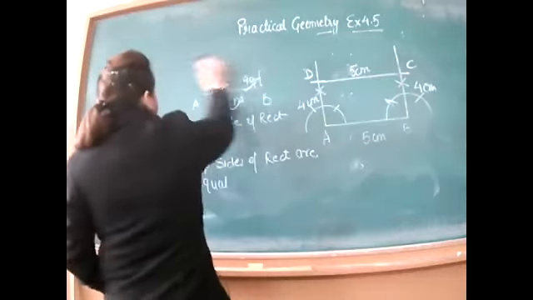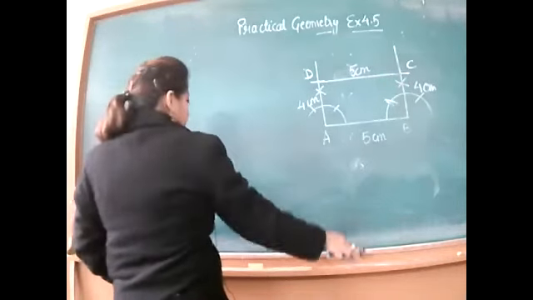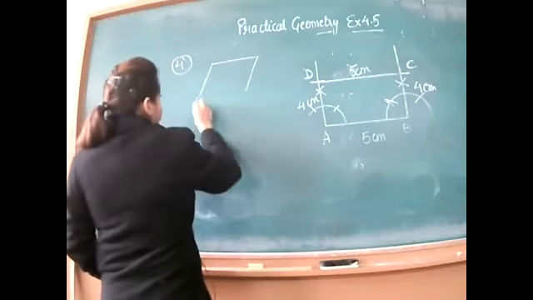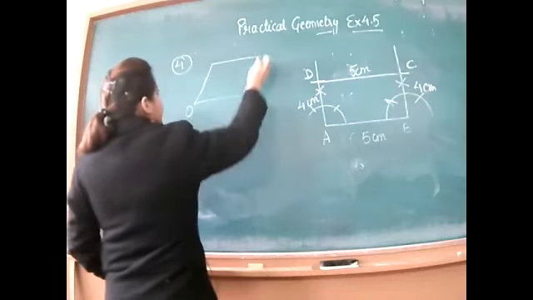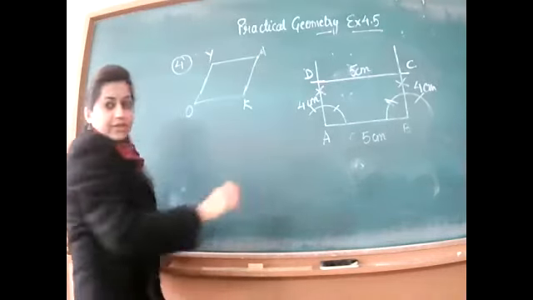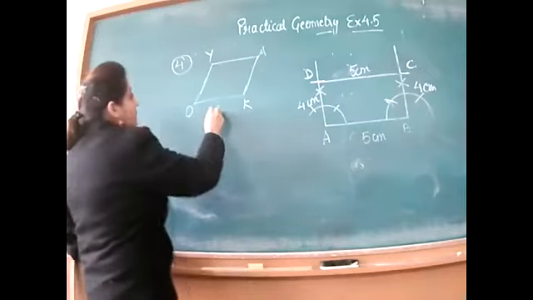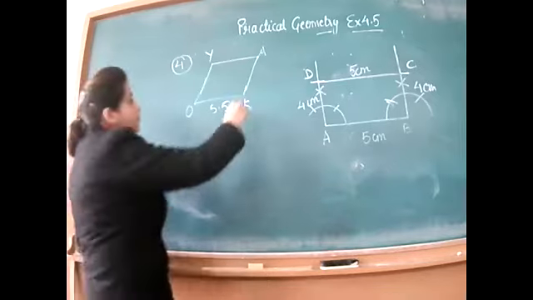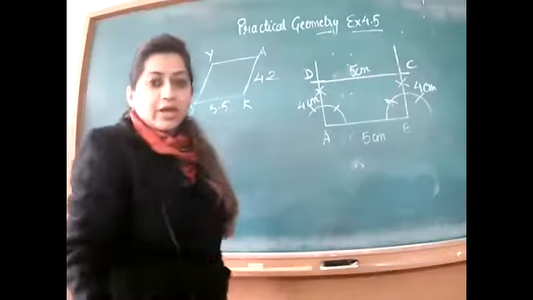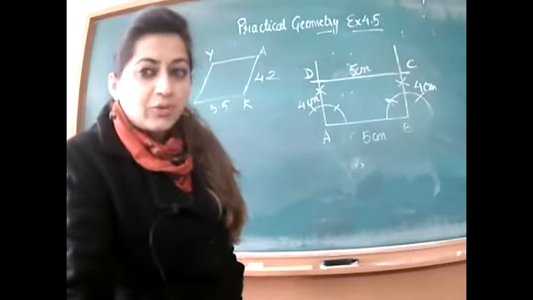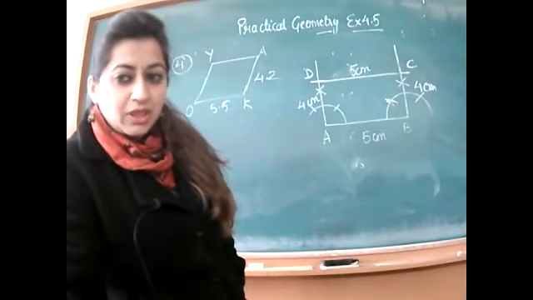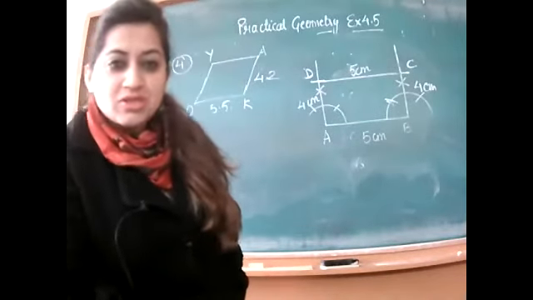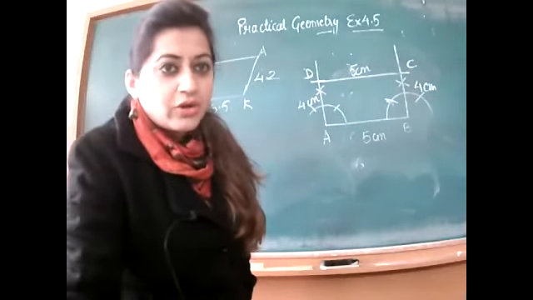Now in the fourth question, you have to construct a parallelogram whose name is OKAY, OK is 5.5 and KA is 4.2. Is it possible to construct this parallelogram? Is it possible? Anyone? You have to tell whether it is possible to construct this or not.